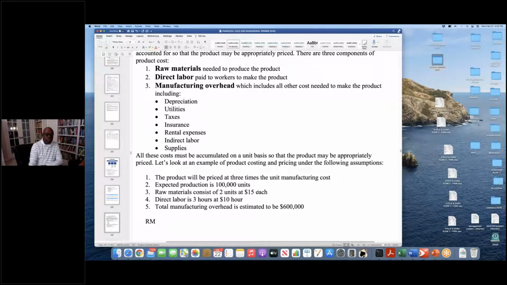Okay, so 2 units at $15, so 2 times 15. That's $30. Any questions? How did I get there? So the unit cost of the raw materials is $30.